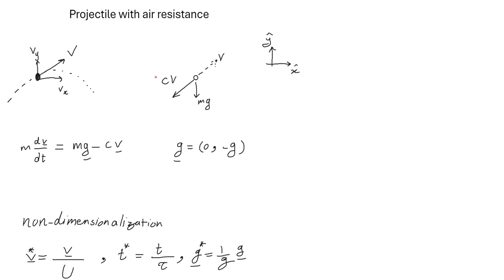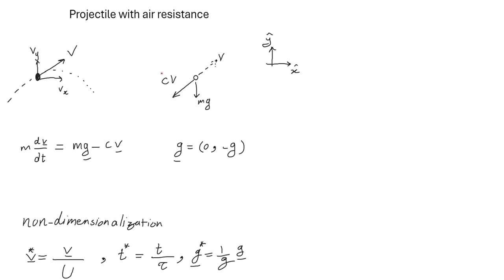Here's a free body diagram, so there are forces. We know that the air resistance force is opposite the velocity. So if the velocity is like this in a dashed line, the air resistance will be like this in the opposite direction.